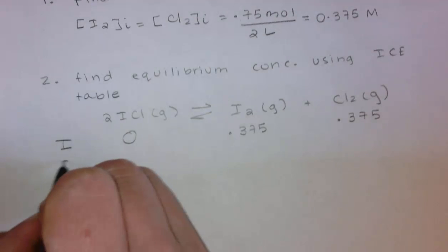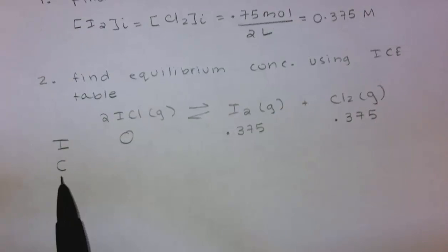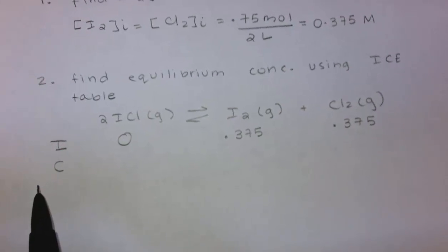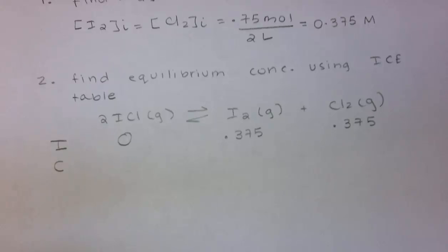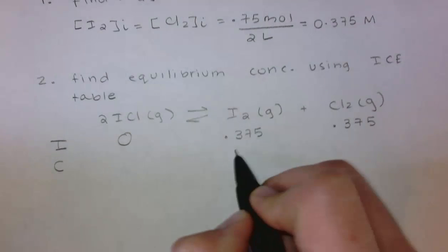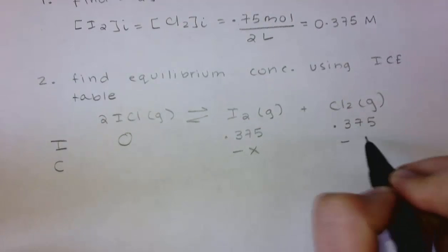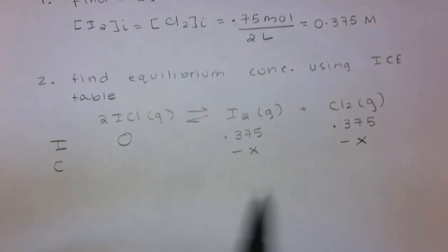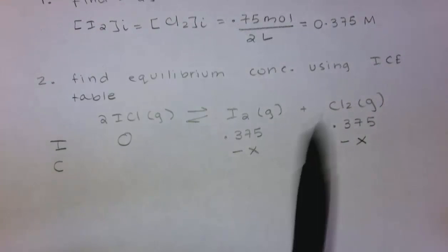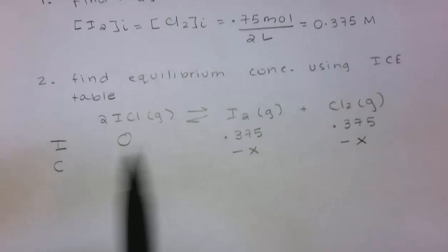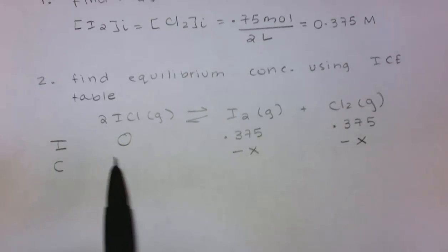And then we're going to now represent the change in concentration by some variable x. So for both iodine and chlorine, we're going to subtract x because we're actually going in the reverse direction for this case. We have none of our iodine monochloride on this side.